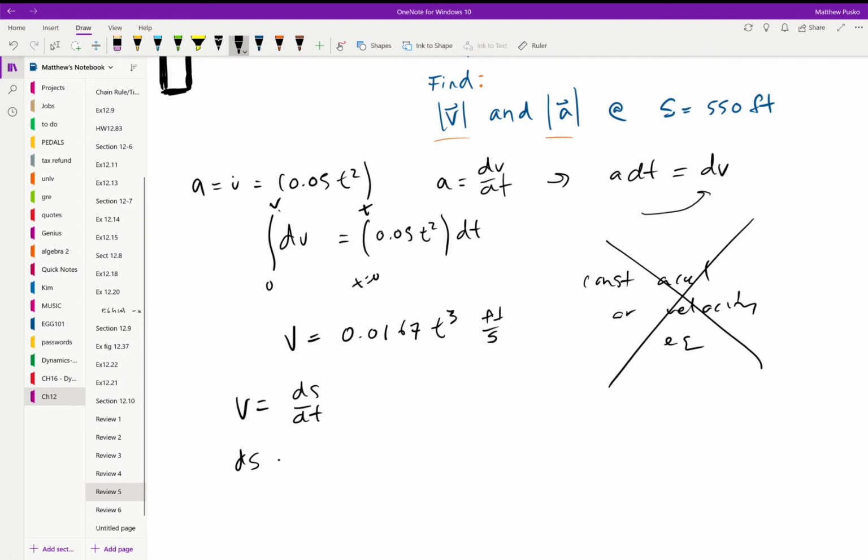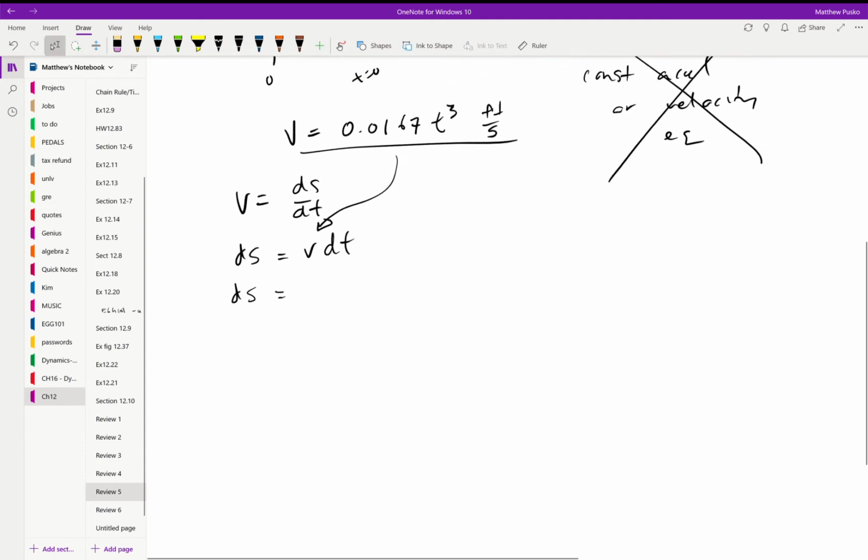Rearranging that, I get ds is equal to the velocity times dt, and we can substitute for v. Get ds is equal to the velocity dt, and then we're going to integrate both sides. We started from s equals 0, and we want to know about at 550 feet.